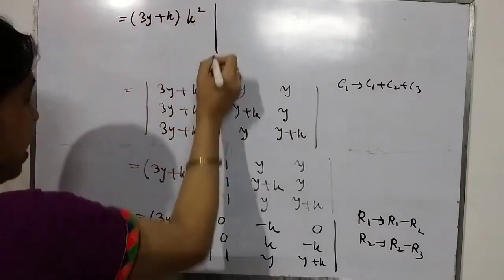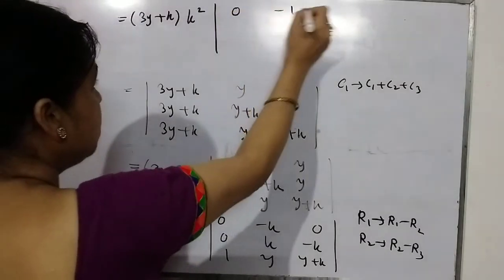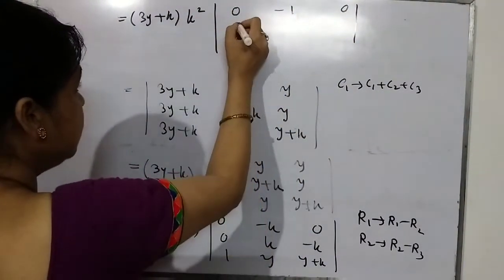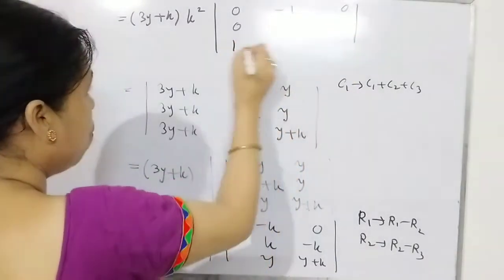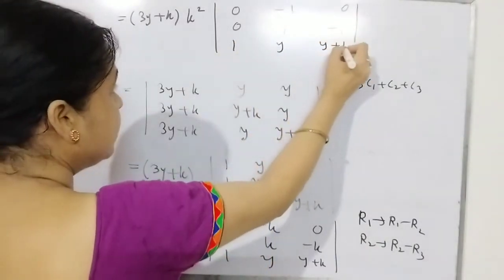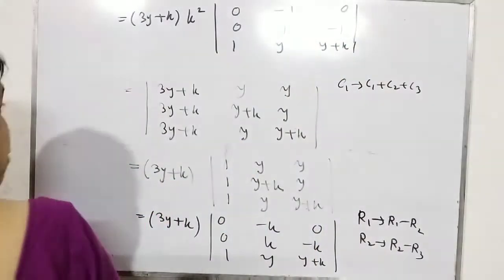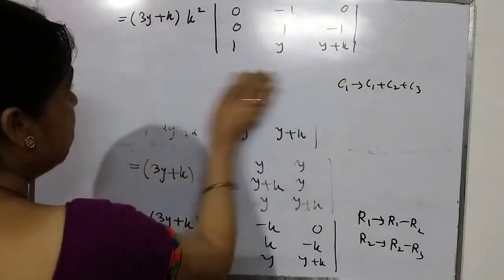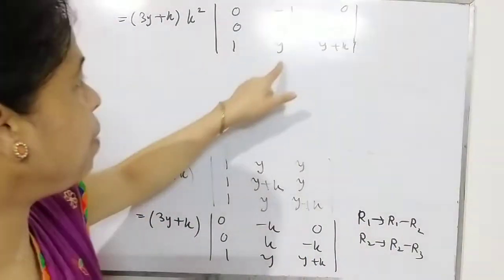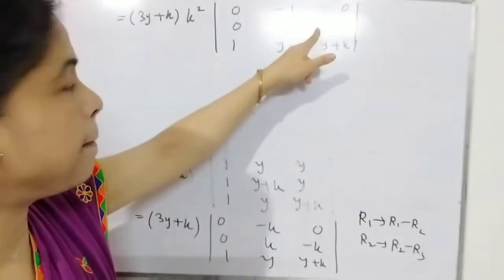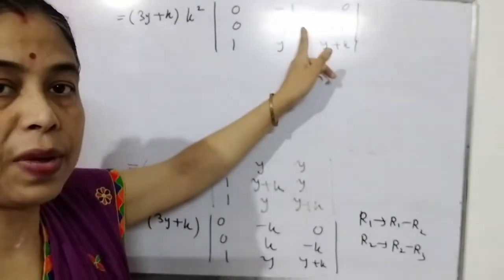And taking common 2 k's: 0, minus 1, 0 from the first row; and from the second row 0, 1, minus 1. After that, 1, y, y plus k. This is done. After this you see, again if you notice properly, if I add column 2 and column 3, 1 more 0 will come, right?